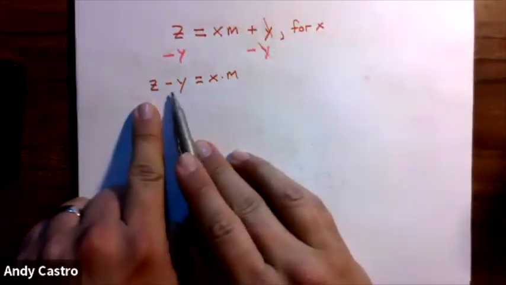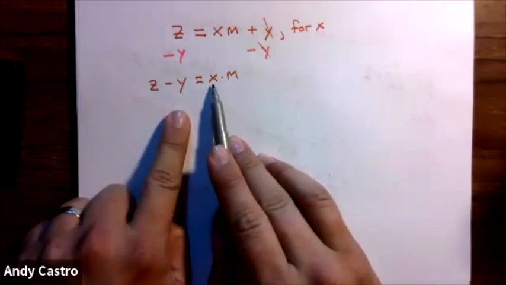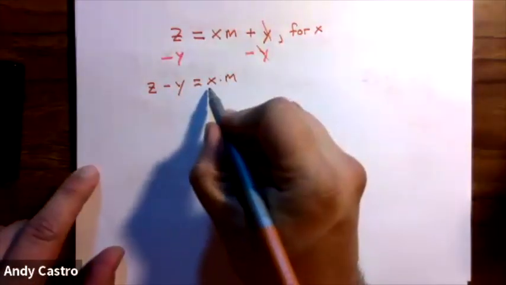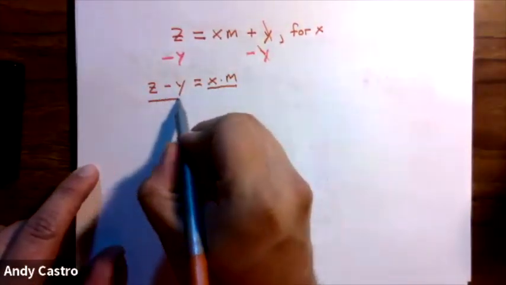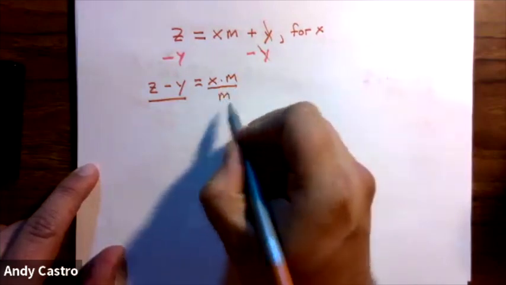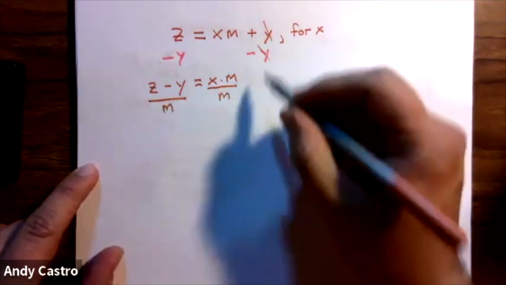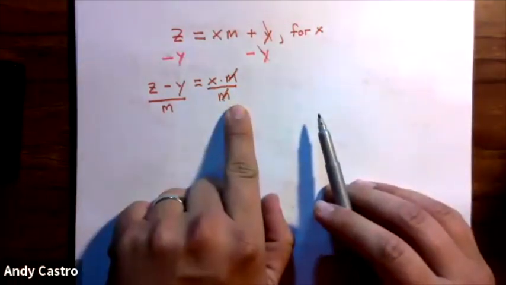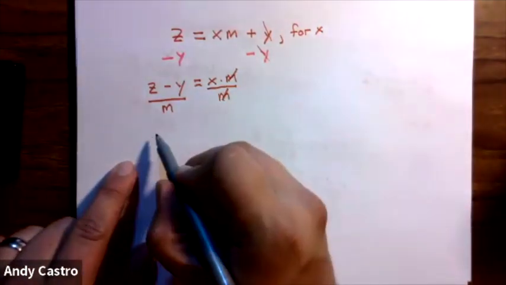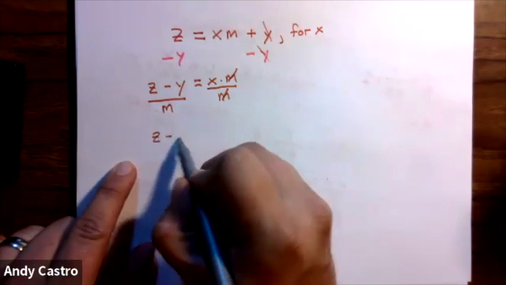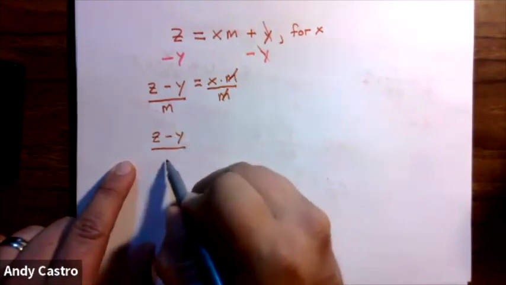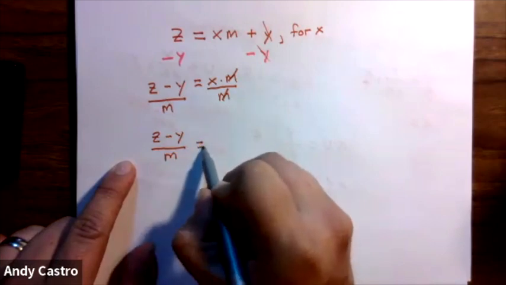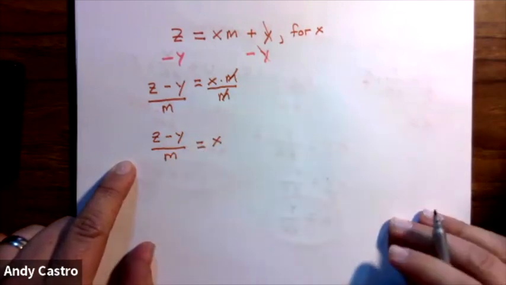All right, so I have z minus y is equal to x times m. Then what I'm going to do is I'm going to go ahead and divide both sides by the letter m. That will effectively cancel the m on the right side, and I'm left with z minus y divided by m is equal to x.